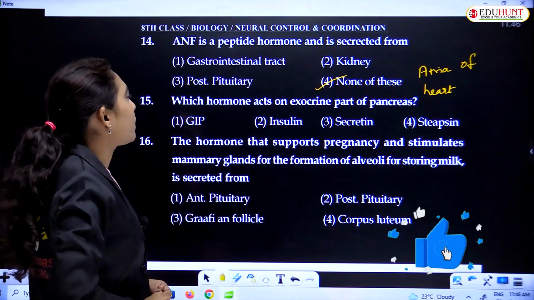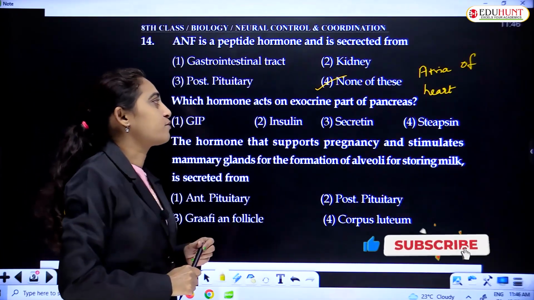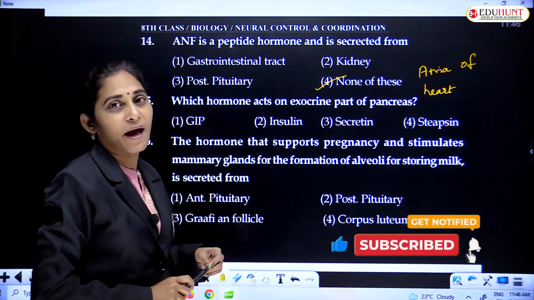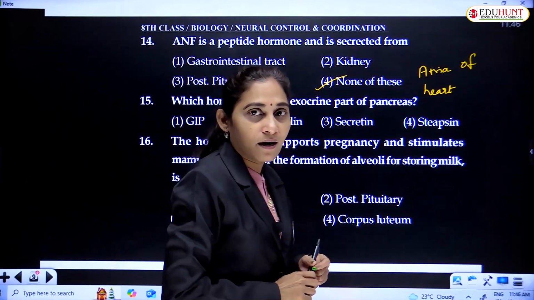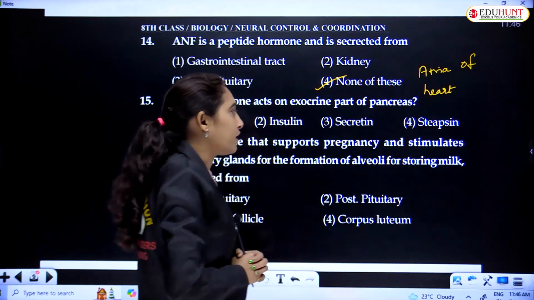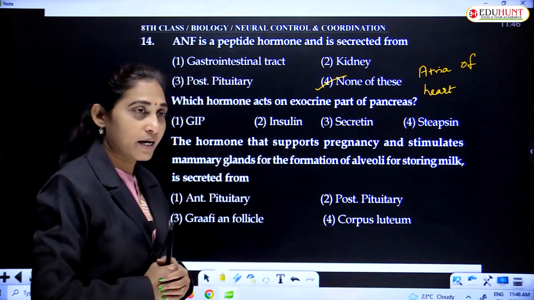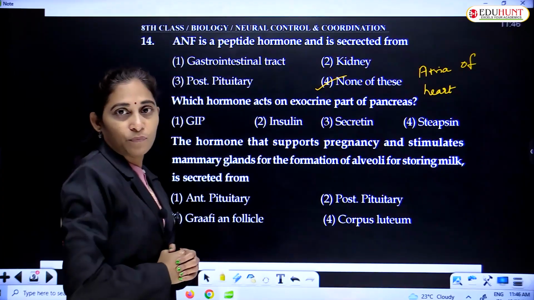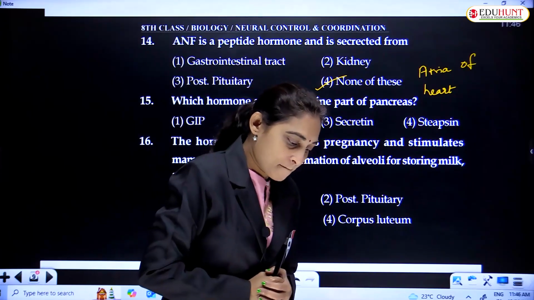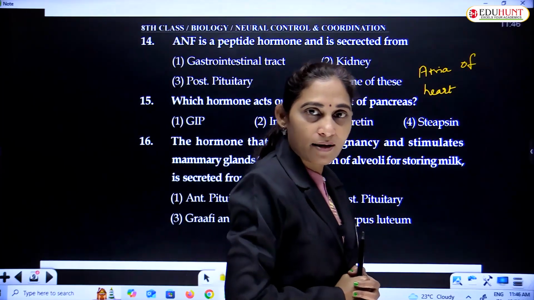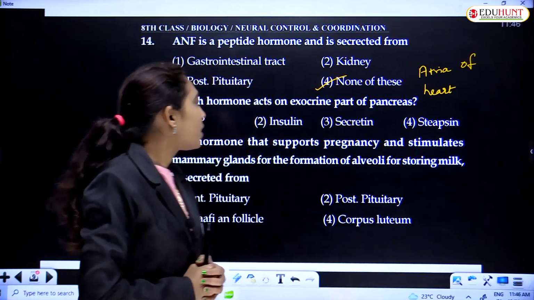Which hormone acts on the exocrine part of the pancreas? We know that the pancreas is a heterocrine organ or heterocrine gland which secretes both enzymes as well as hormones.